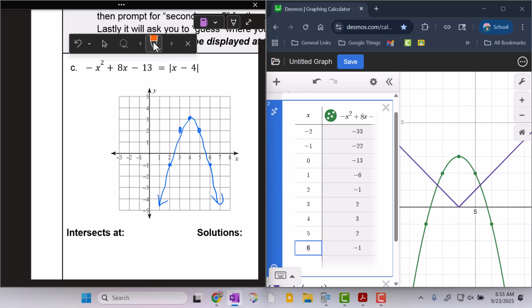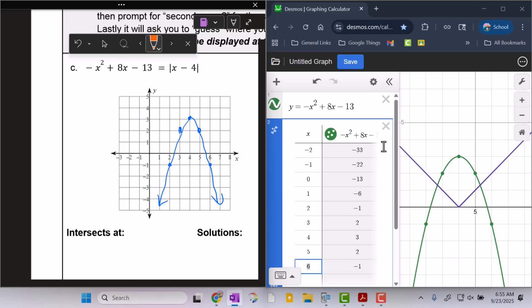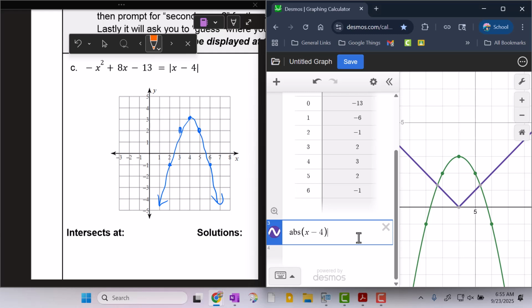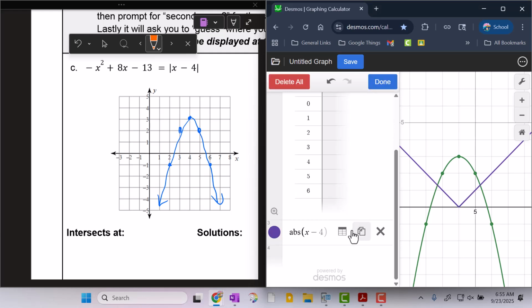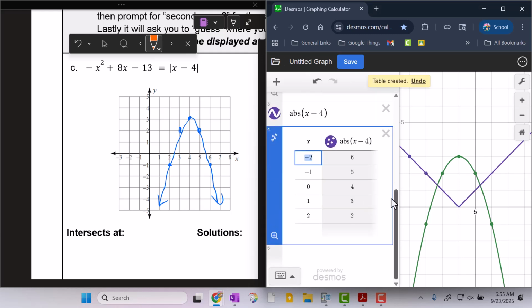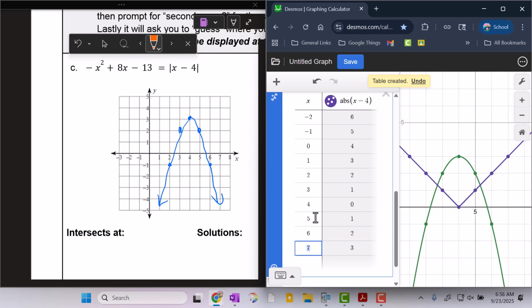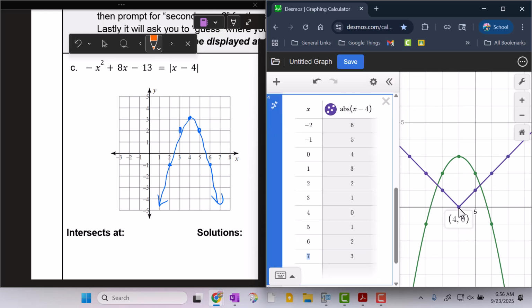All right, now we'll look at the absolute value. Not too crazy. Again, let's get our vertex. So our vertex is here at 4, 0. And then we have points here and here and here and here. So it looks like that.